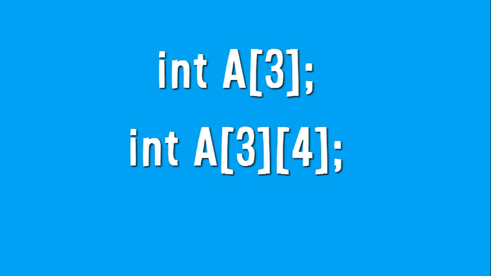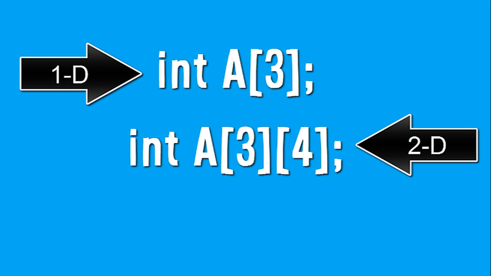Now it's simple. We'll just say int a[3][4] like this. It's just an extension from one-dimensional arrays, as we just learned. So that's how we define a two-dimensional array in the program.